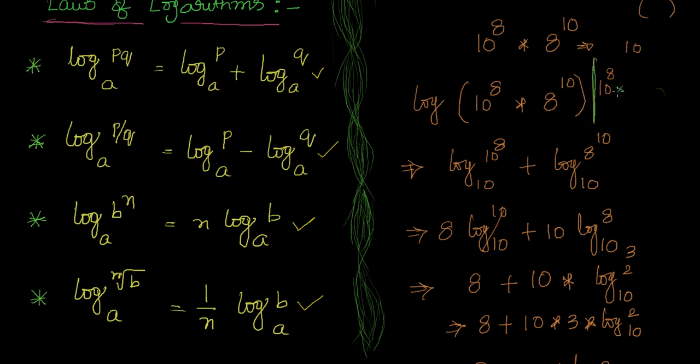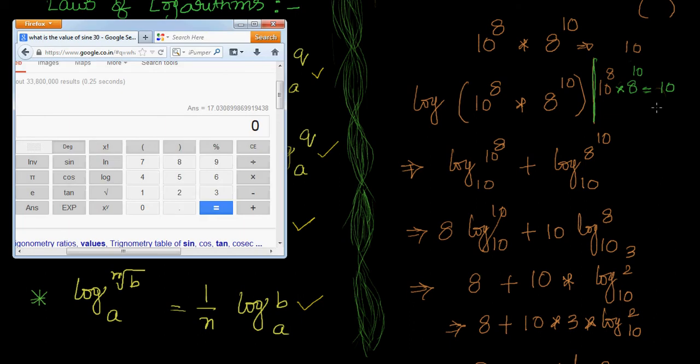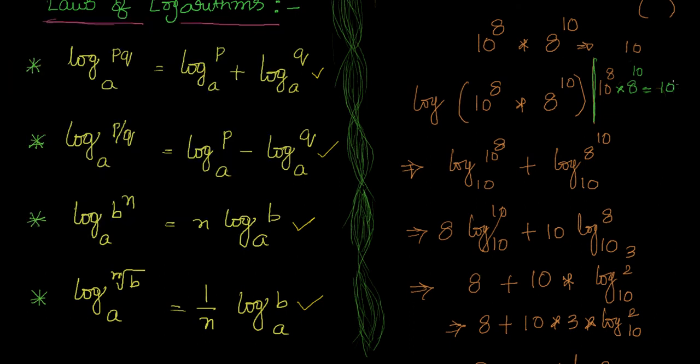What I am saying is 10 to the power of 8 into 8 to the power of 10 is nothing but equal to 10 to the power of the logarithm of this, which you are going to get. Just now we got it. What is that? 17.039. This is the definition of logarithm, right?